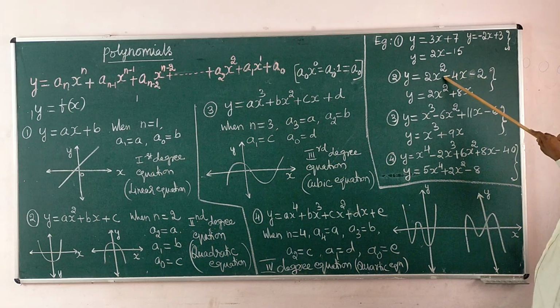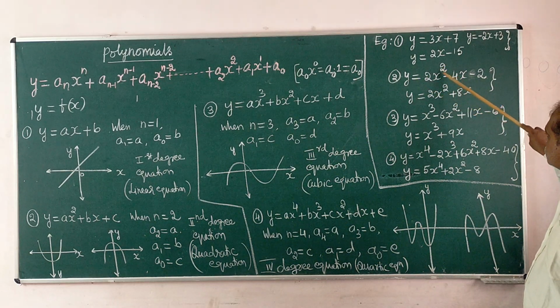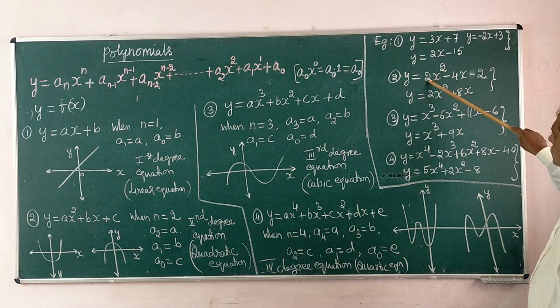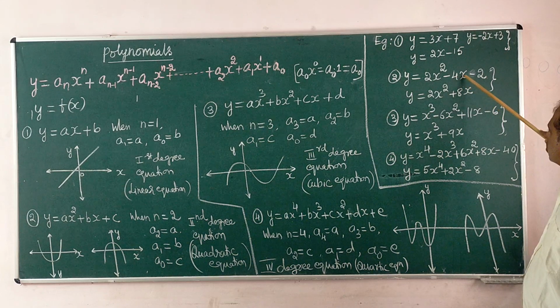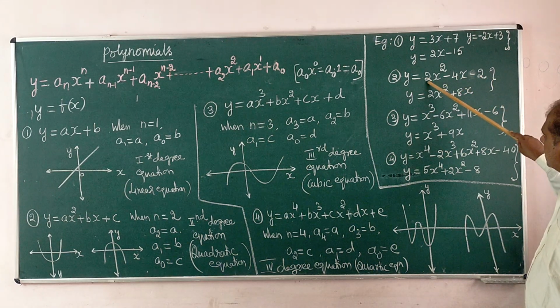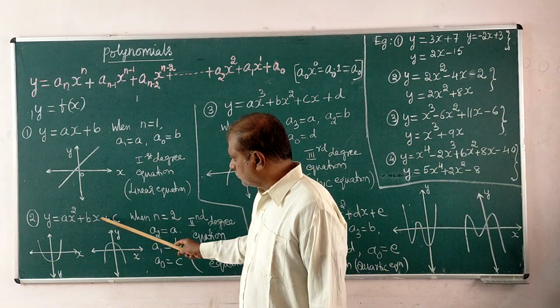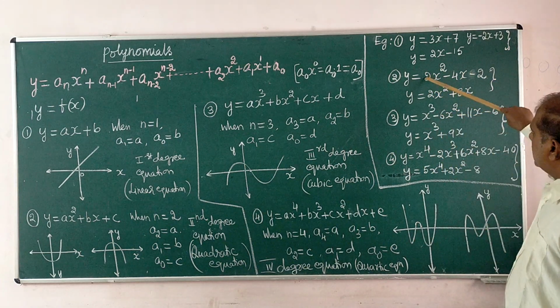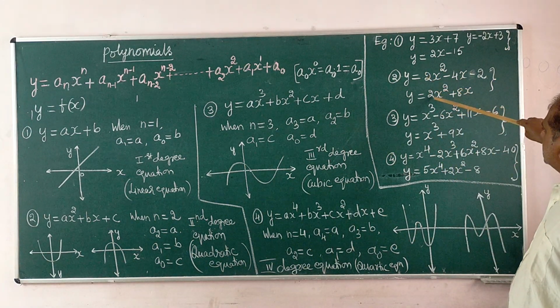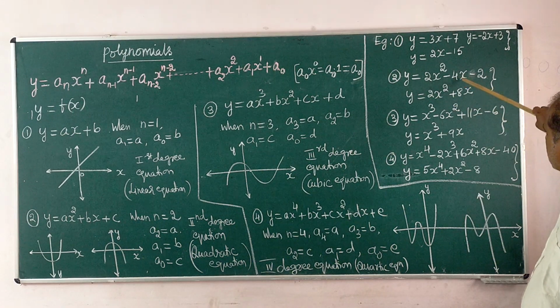Here, polynomial equation of second degree: y equals ax square plus bx plus c. What are a, b, c in an equation of this type? a is 2. What is b? b is minus 4.